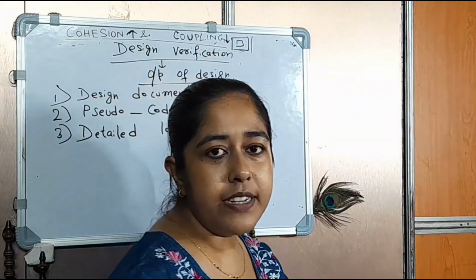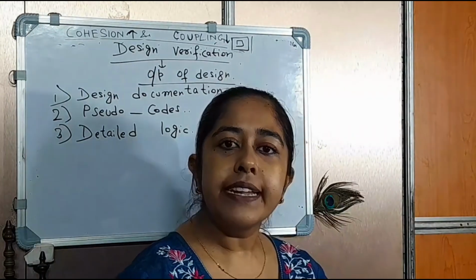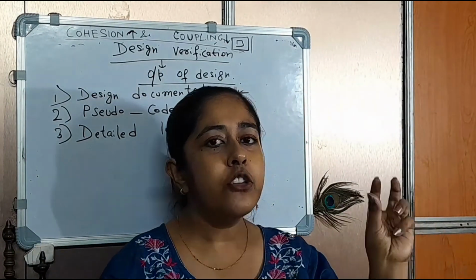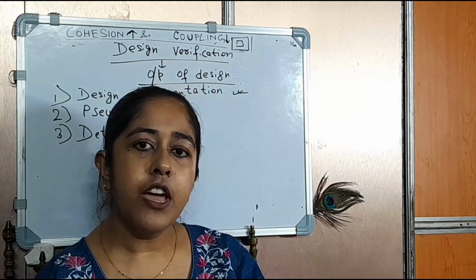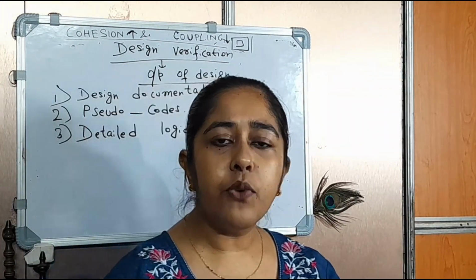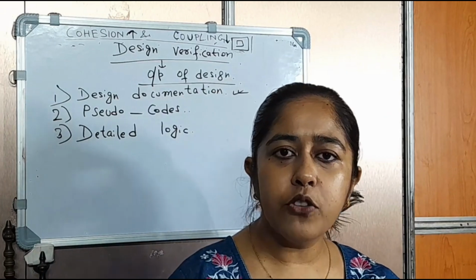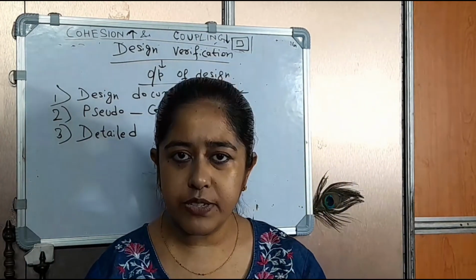Since you have designed your whole software, now you have the logic. There you had only the requirements gathered. Now you have the whole structure of the detailed design, how you are going to code or how you are going to test your data.